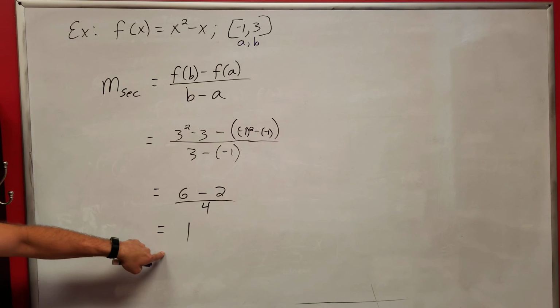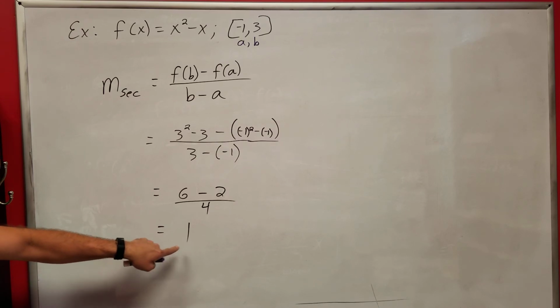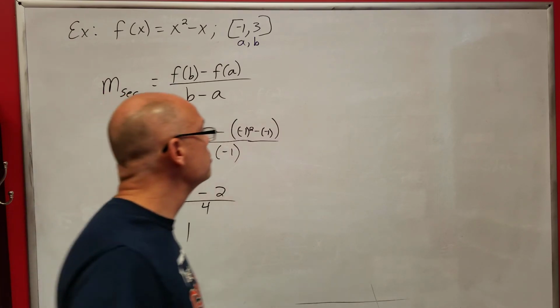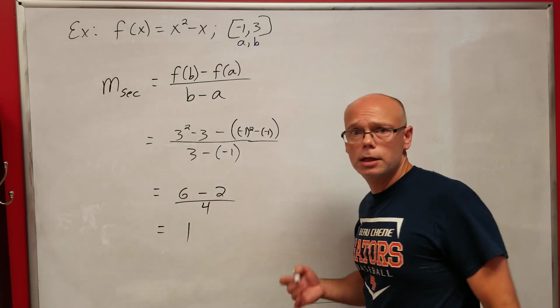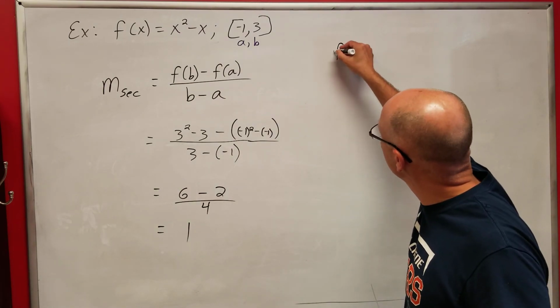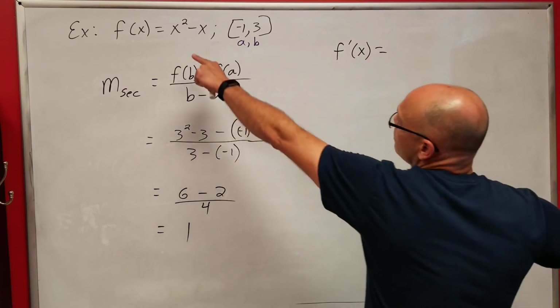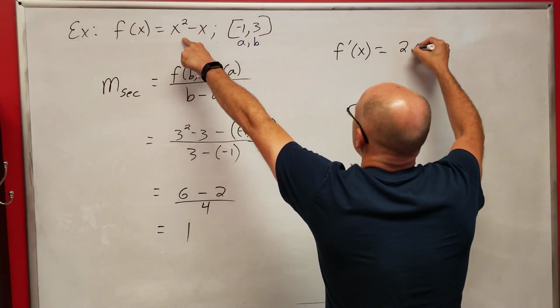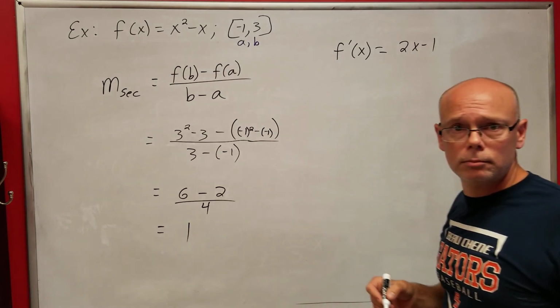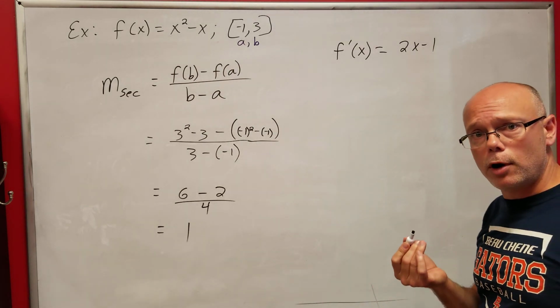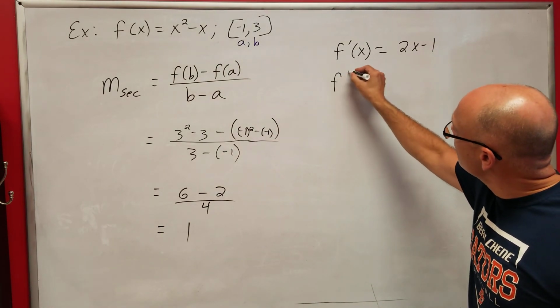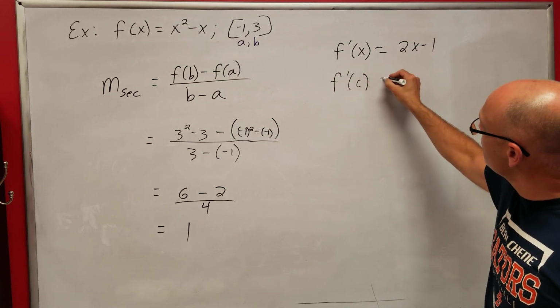I need to find where do I have a slope of my tangent line that's equal to this. What's basically the slope of the tangent line? The derivative, right? So let's take the derivative of this function. 2x minus 1. Now they say find f prime of c, so I'm going to replace x with c here.